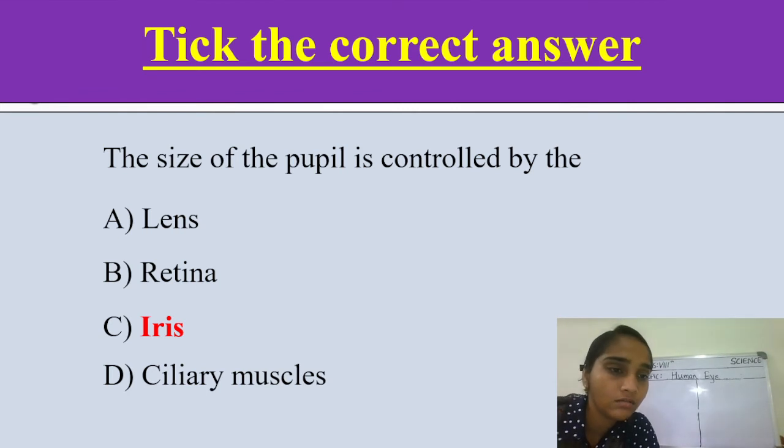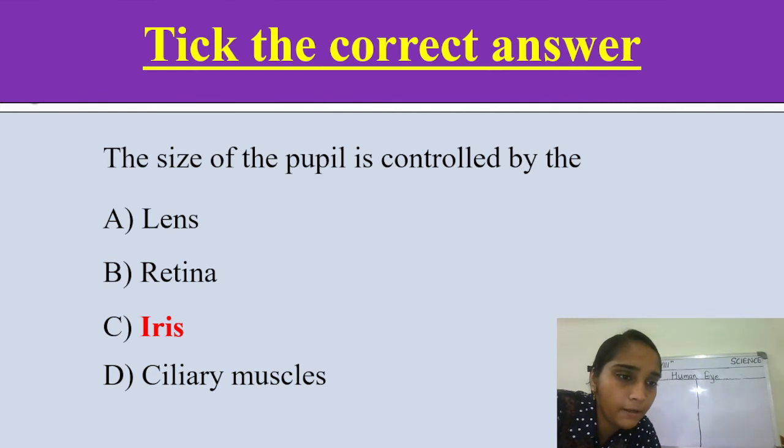Today in our class we have discussed the dispersion of light and some parts of our human eye, like the structure and working of those parts. The eye is the most important organ with which we see things, and we have also seen how dispersion of light takes place in natural phenomena. Very good students.